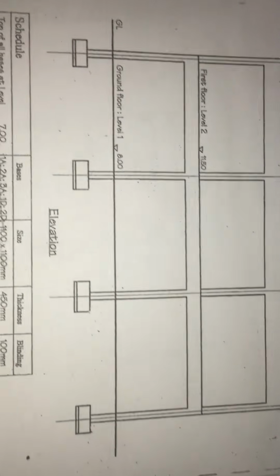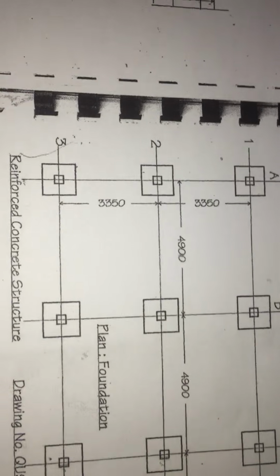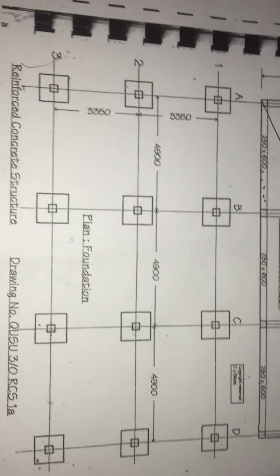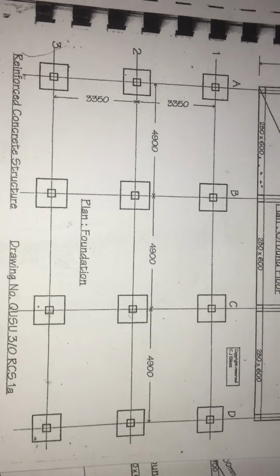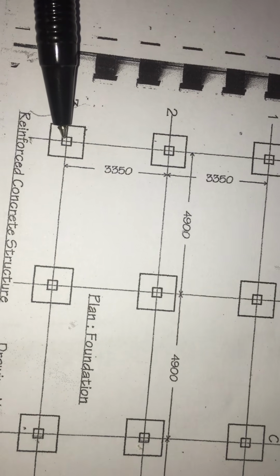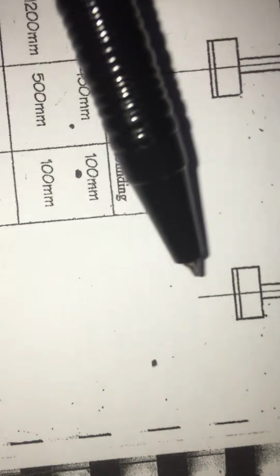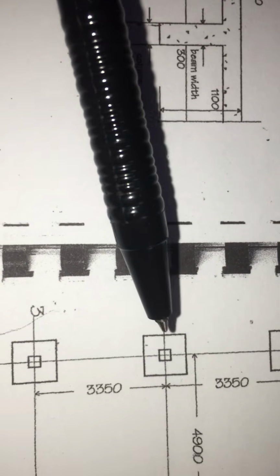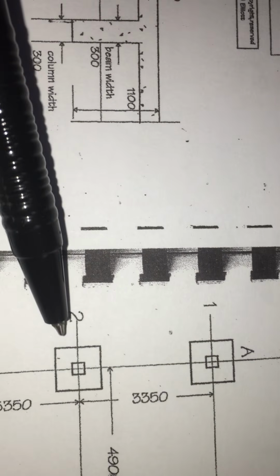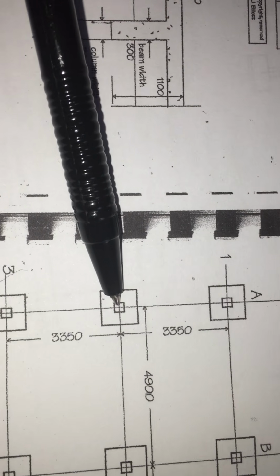After looking at the elevation, let's look at the plan foundation. The plan foundation is basically everything that is underground. These big square boxes that you see here represent the concrete bases, and the small box that you see inside the bigger square box is the column.